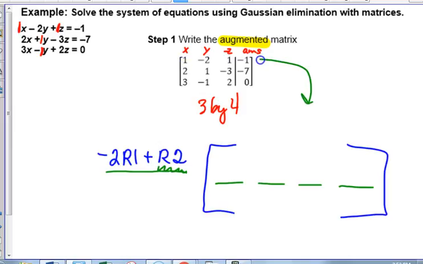So I'm using this matrix. It would be 1, -2, 1, -1, 3, -1, 2, 0. Okay. Help me out here. -2 times row 1, and then add that to row 2. What would that become? -2 times 1 added to 2 would become 0.